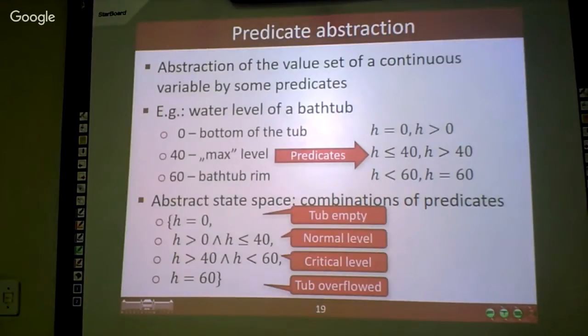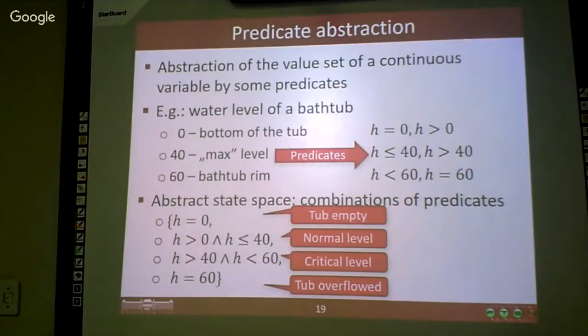And the top of the bath tub, the rim, is at 60 centimeters. So we can say that it is below 60 centimeters or it is 60 centimeters. Actually, in a fortunate situation, it will not grow above that, so that is the limit. With these predicates we can tell that the bath tub is empty if the height of the water is 0.